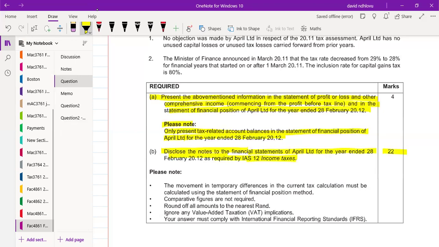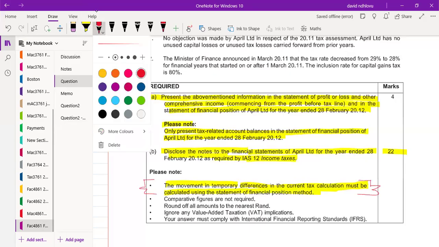All right, so they then say the movement in temporary differences in the current tax calculation must be calculated using the statement of financial position approach. Now, this is a default with all your questions. They will want the statement of financial position approach.